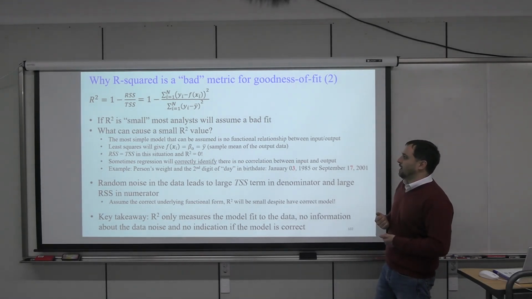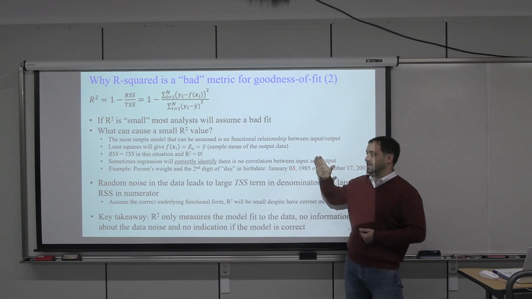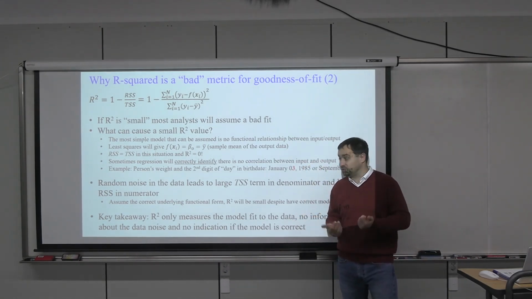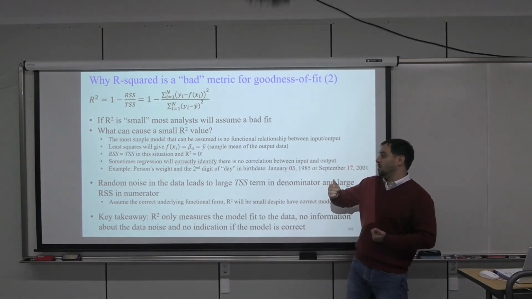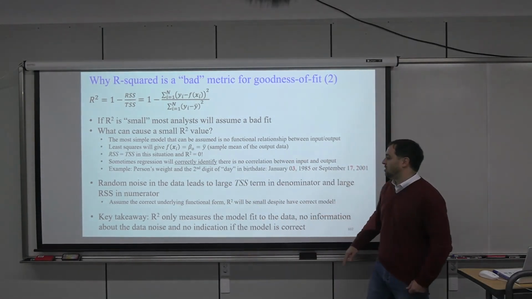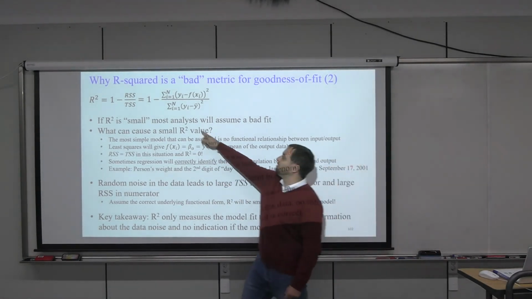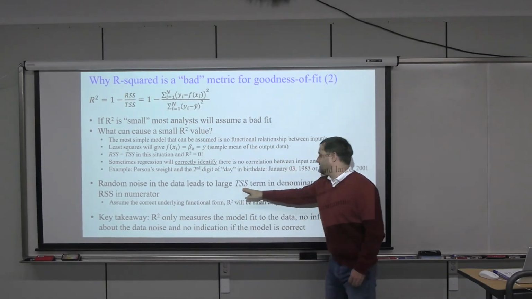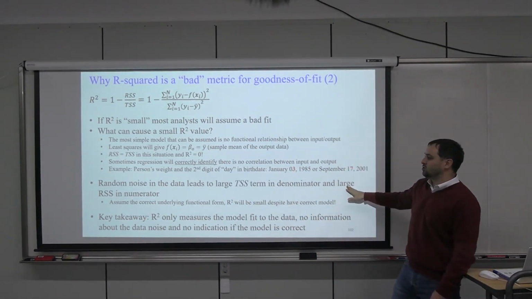And also, even if there is a strong relationship between the inputs and outputs, the random noise in the data leads to a large total sum of squares term in the denominator, and also a large residual sum of squares in the numerator.